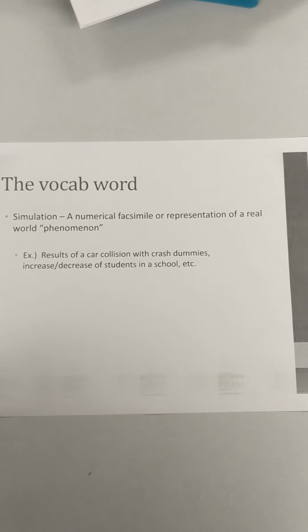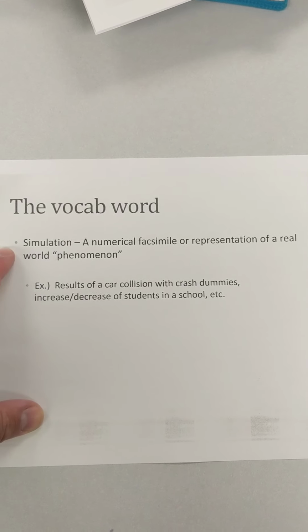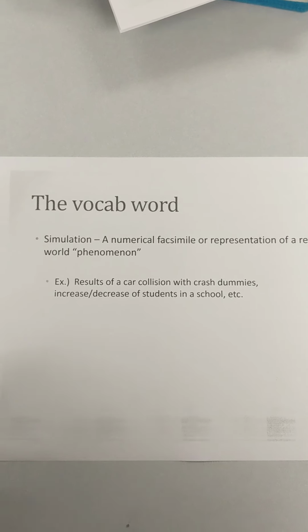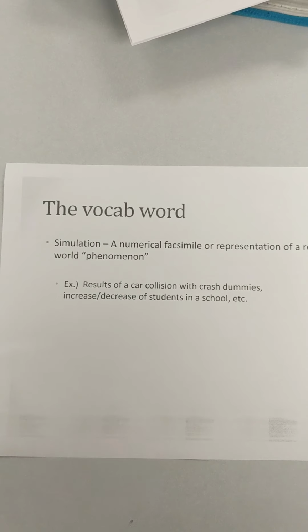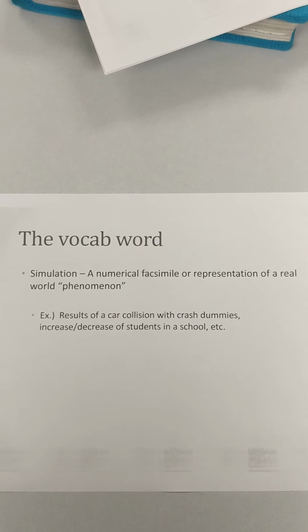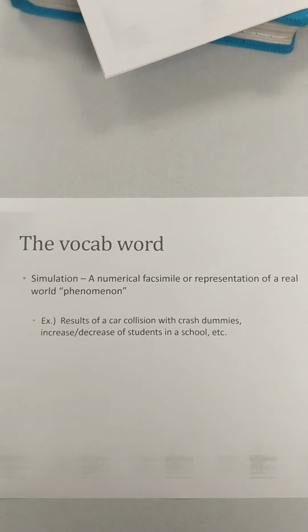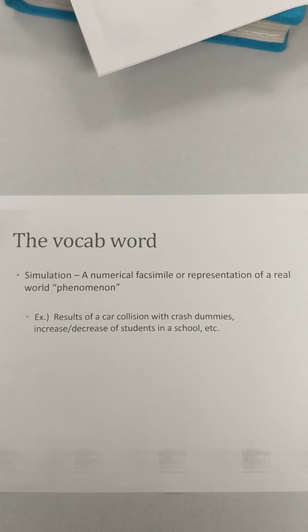Some examples of simulations are when you need some sort of computer software to really break down what's going on. For example, the results of a car collision with crash dummies. You're not going to wait on the corner of a street and look for a car accident and see how the seatbelts worked and how the engine collapsed.